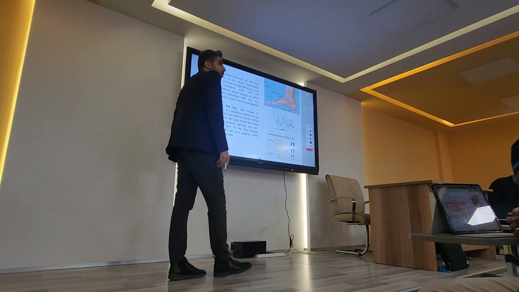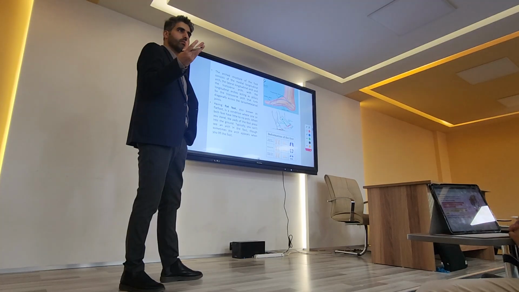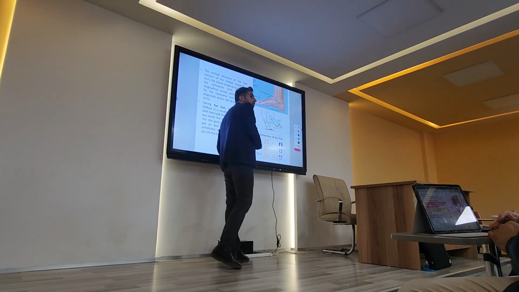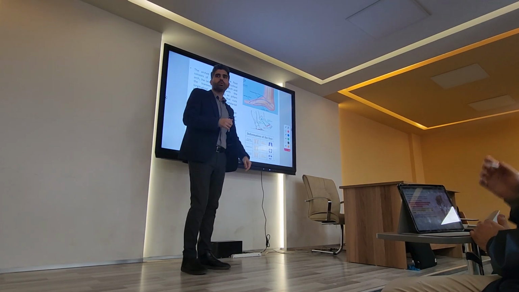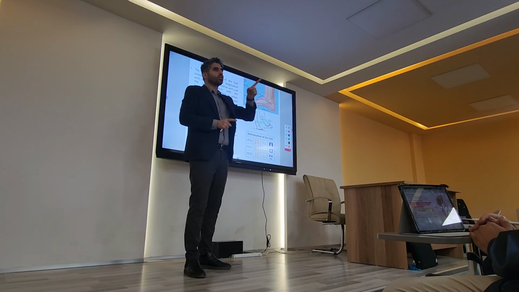So look at here. Plantar surface or sole of the foot, it has arches. I told you, in the normal condition, your foot plantar surface has 3 arches. 2 longitudinal, medial longitudinal and lateral longitudinal.